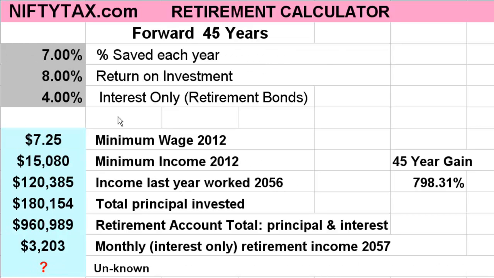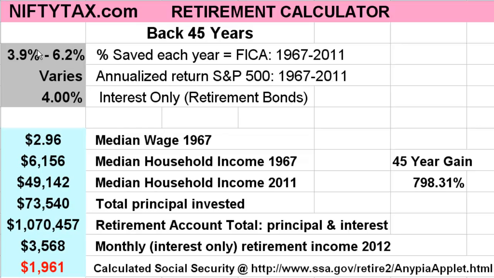The difference is the amount saved is fixed at 7% per year, and the return on our investment is 8% compounded annually. We use the actual numbers from 1967 to 2011 to compute the retirement account total, principal and interest, using the median household income from 1967 to 2011.